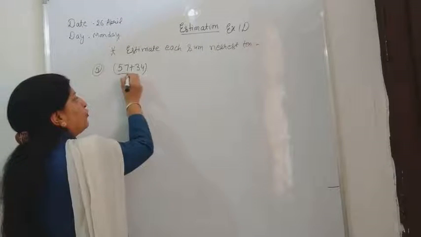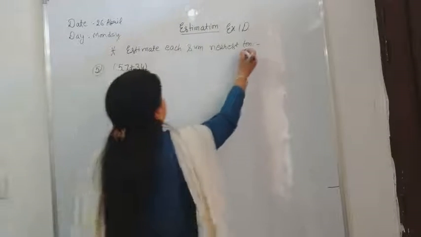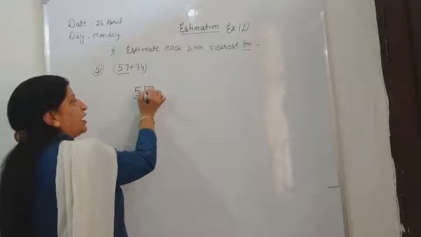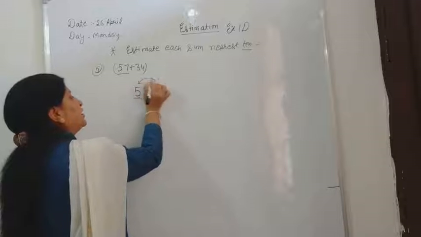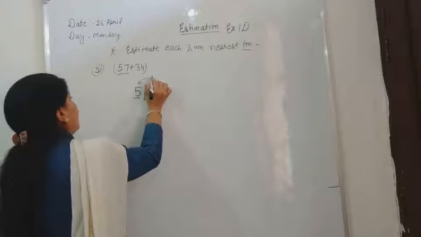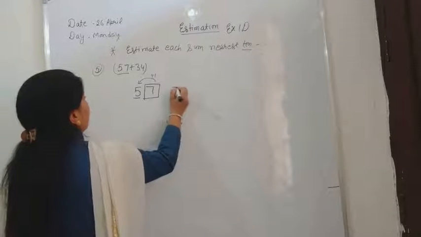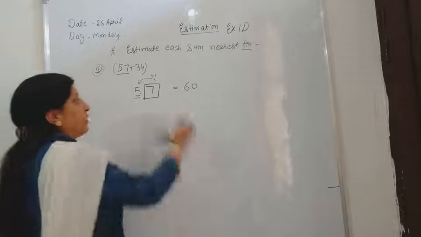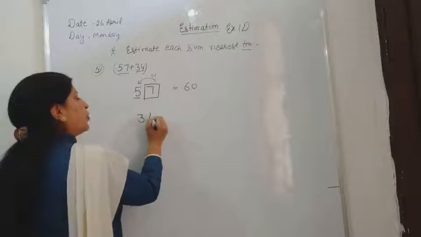First we take 57 and we round off this nearest 10. So let us start. 5 is in the underline and 7 is in the box. Again we see that 7 is greater than 5, so we add 1 in the tens place digit and our number becomes 60.